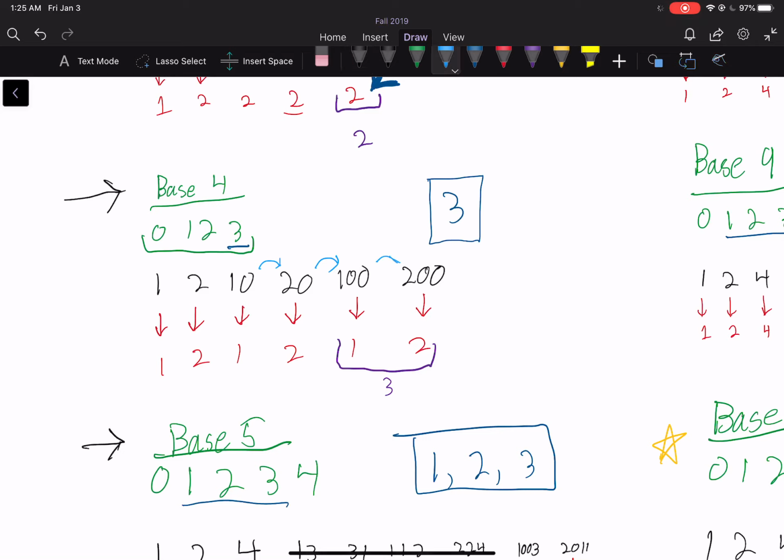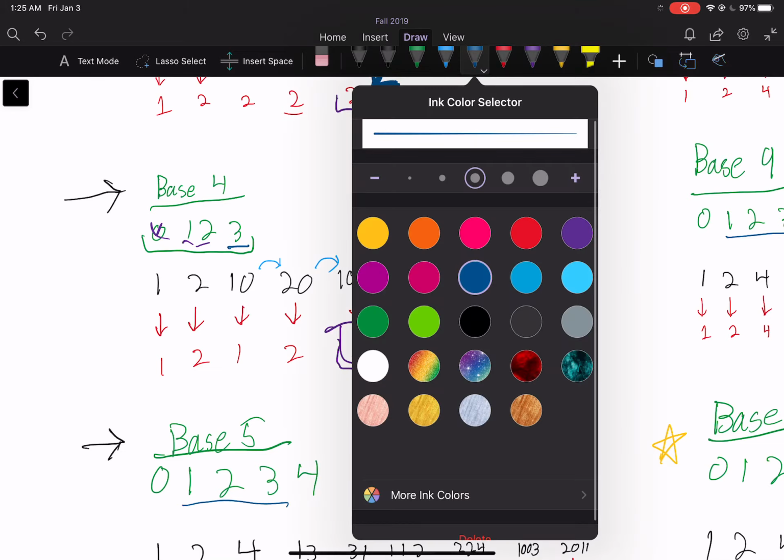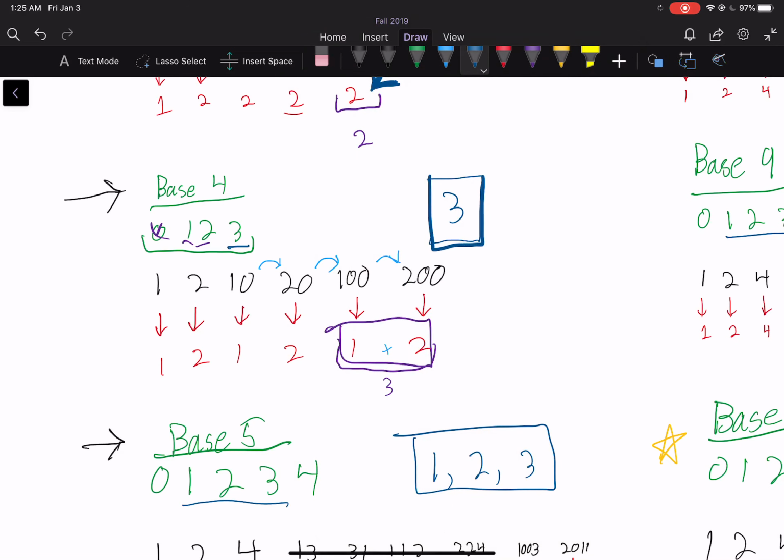But we're doubling each time, we're digit summing, and we get this digit sum right here, and that's 3. And in this repeating sequence right here, out of these numbers, not including 0, I'll get to that later, we're using 1, we're using 2, we're not using 3 in this repeating sequence. So I'm going to put this 3 in this box right here.